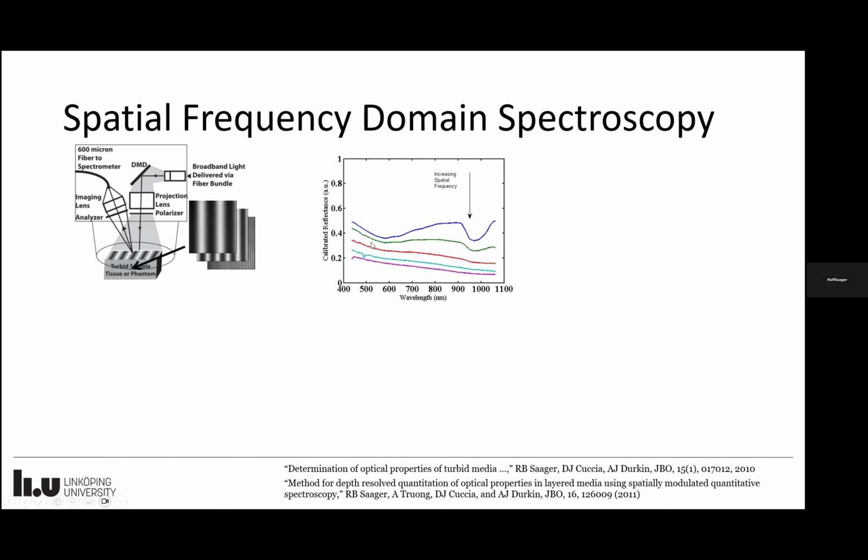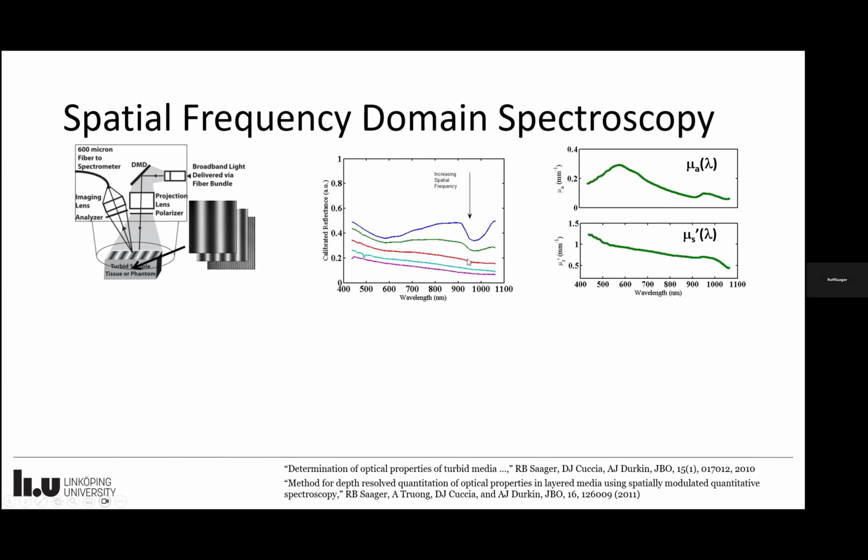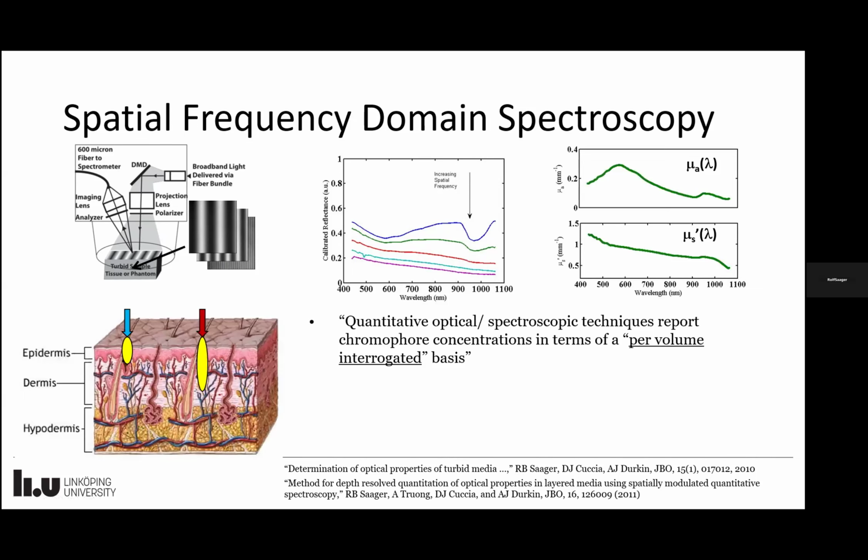And of course, in terms of spectra, you can see at low spatial frequency, the sensitivity to absorption. And at higher and higher spatial frequency, it starts to look very power law-like, like scattering. So you can see that transition from absorption sensitivity to scattering sensitivity as a function of spatial frequency over a spectral domain. And again, separate absorption from scattering.